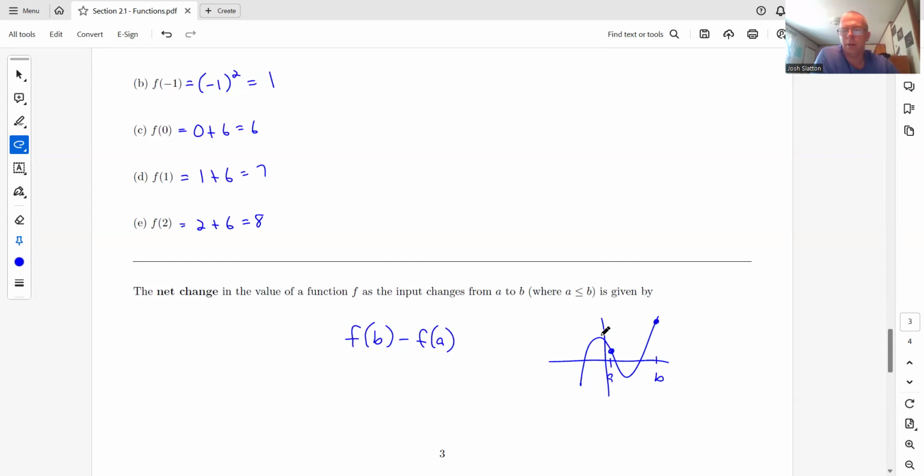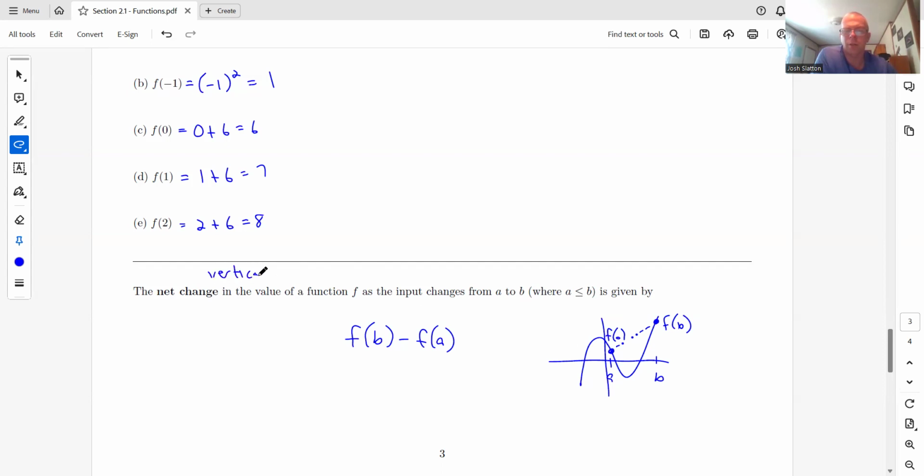So there is our f of A, and there is our f of B. How much is that changing? Basically, what is the vertical change here? If we're talking about the net change of f, we're talking about a vertical change.